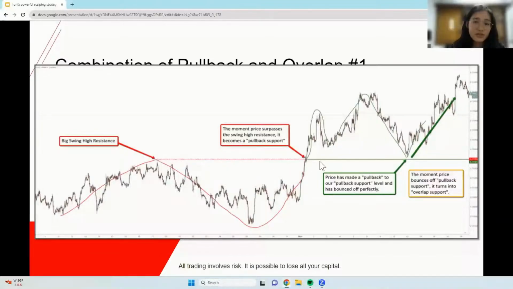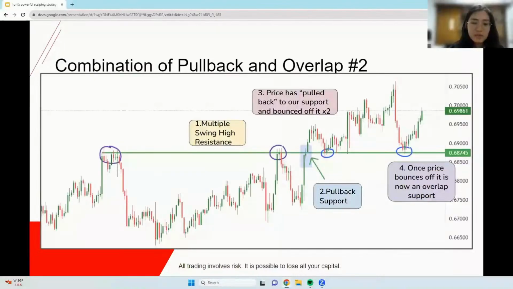In the green arrows, we see price retrace to this level and bounce off of it perfectly. Once price bounces off the pullback support, it then becomes an overlap support level. A combination of pullback and overlap.